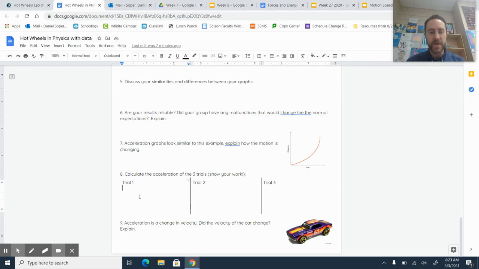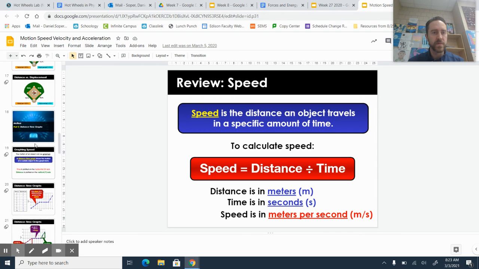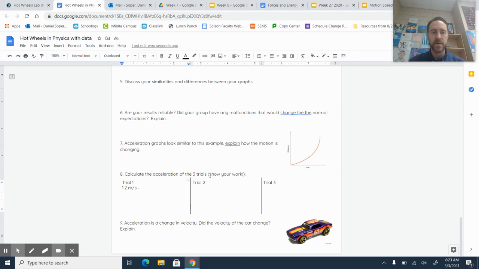If your final speed on trial 1 is 1.2 meters per second, then I'm going to use this formula. So your final velocity minus your initial velocity. My initial velocity was 0 meters per second.